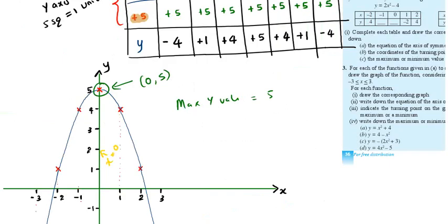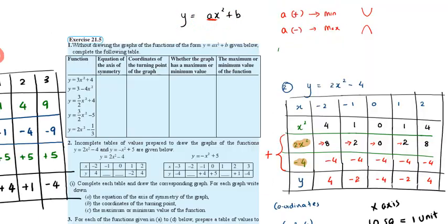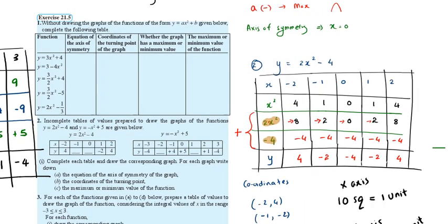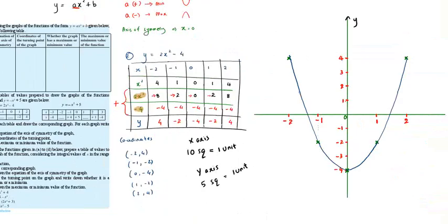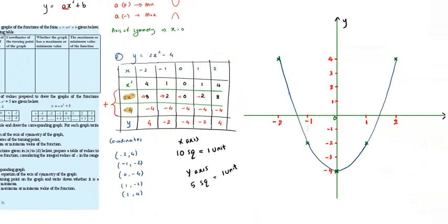The equation of the axis of symmetry was x equals 0. This didn't change even though the graphs were changing. In all these graphs, the axis of symmetry is the y axis, or what we call the x equals 0 line. So that's going to be the same.